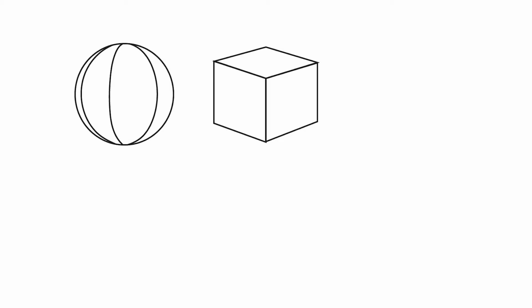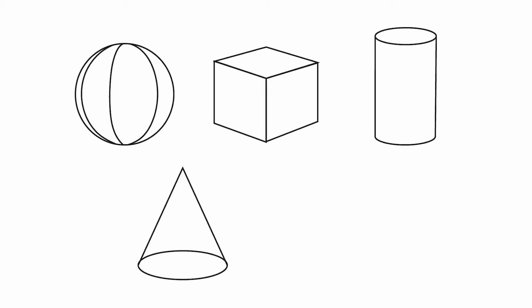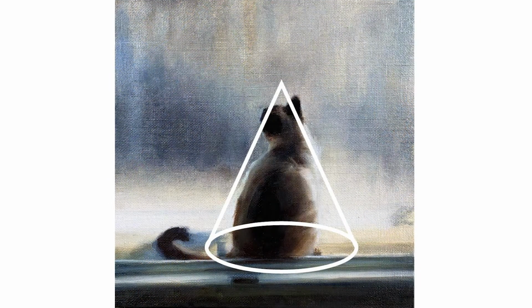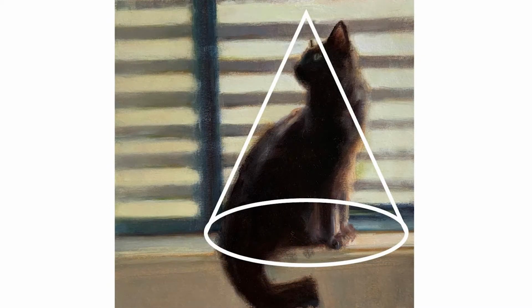These are the sphere, the cube, the cylinder, the cone, and the pyramid. So if we think about the body of a cat, it's really comprised of perhaps cylinders, cones, pyramids and spheres. In both my cat paintings that I'm showing here, they are in fact basically cones.